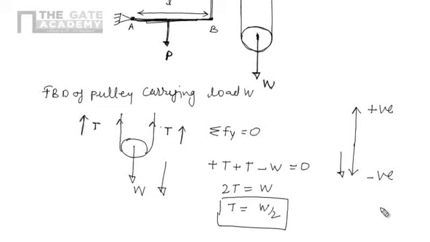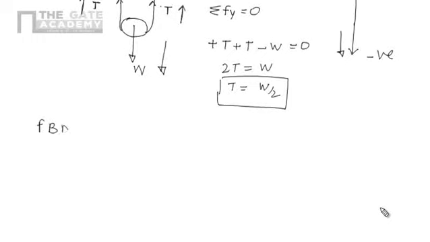Now draw the free body diagram of AB. First of all we have to isolate AB from other bodies, as per the definition of a free body diagram. A is a hinge joint, so there will be a horizontal reaction, suppose Rax, and a vertical reaction Ray.